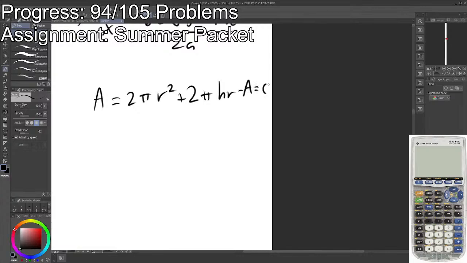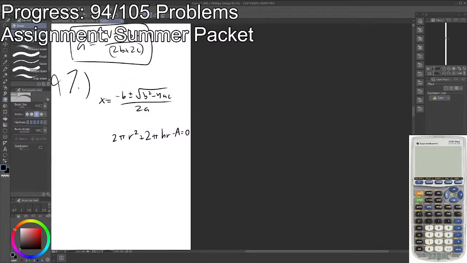Minus a equals 0. So go to this. I mean, I was getting there. I think. Something like that. It's almost in standard form, I feel like.